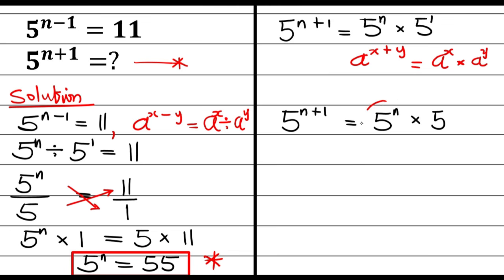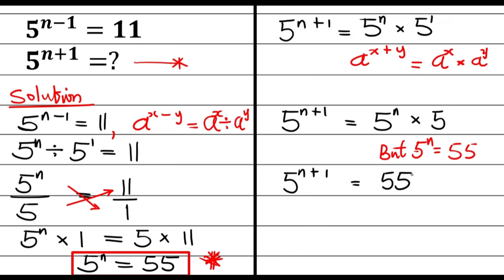So this 5 raised to the power of n is just the same thing as 55, according to what we just did here. This now becomes 5 raised to the power of n plus 1 equals 55, which is 5 raised to the power of n here, then multiplied by 5.